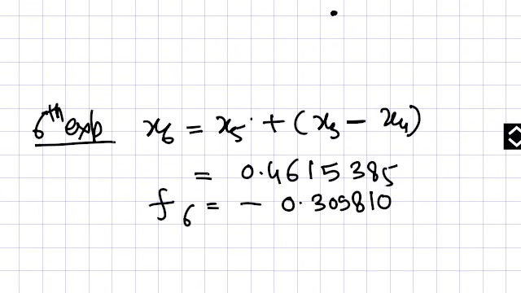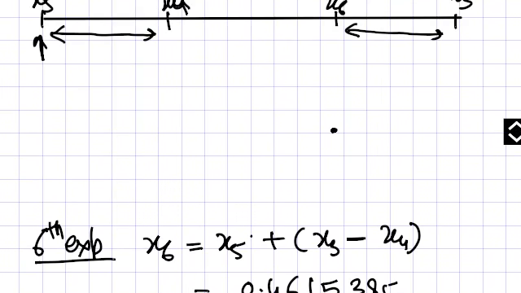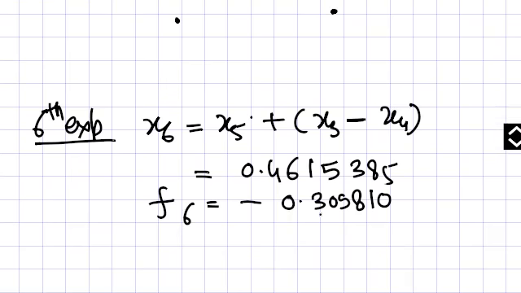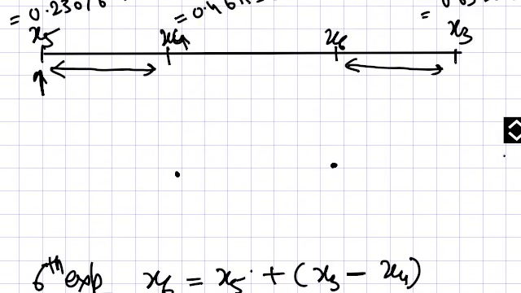F4 and f6 values are almost equal, but if you calculate the f4 value more properly, you will see that it will come below this point. You need to calculate it precisely, because up to this point these values are equal. These two digits will decide, and there is a very small difference, but if you calculate properly, you will see that this point will come below this point. So you can say that the minimum is somewhere here.